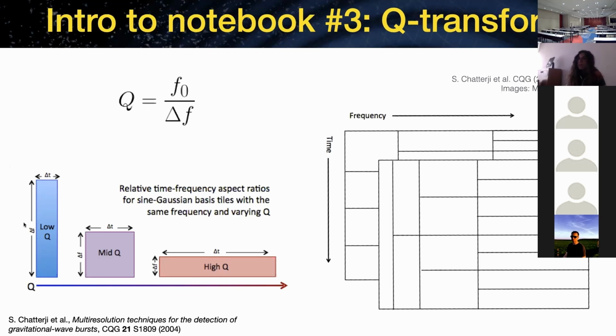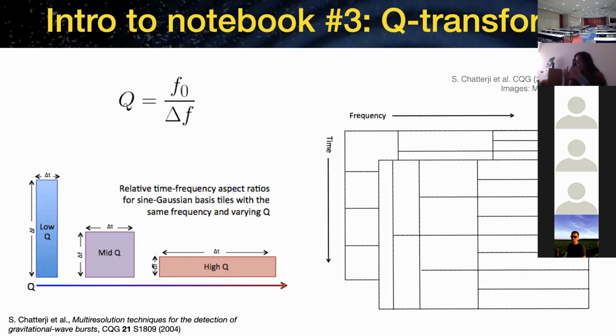Usually, when you are analyzing low frequency data, where the temporal behavior is very slow, you don't need a very precise knowledge of the temporal behavior, but you need a very precise knowledge of the frequency.